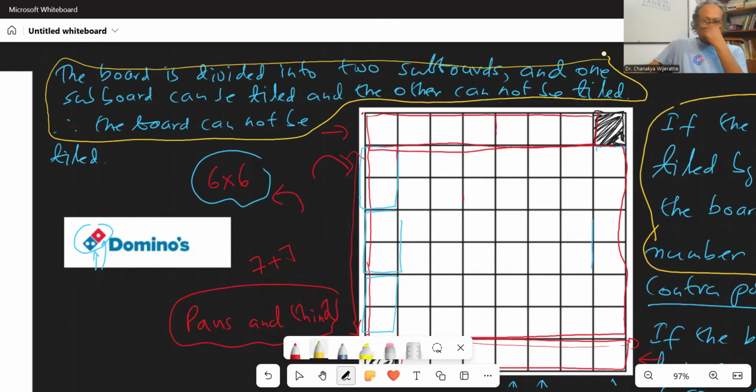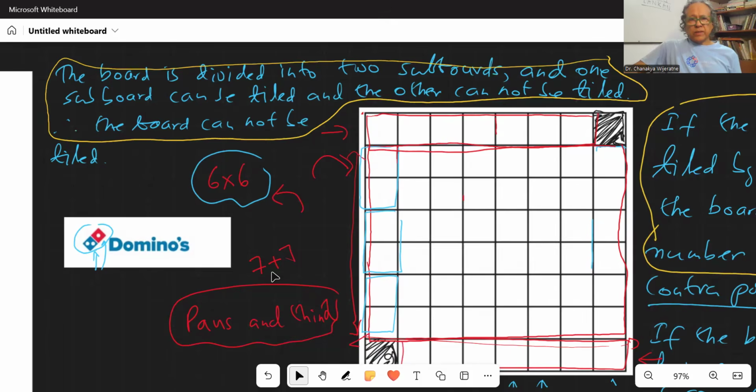Right. Now, earlier, we had this board, the early task, we had this mutilated board where the top right and the bottom right are removed, right? So I'm going to draw a smaller board, and here top right, this is removed, bottom right, it is removed, right?